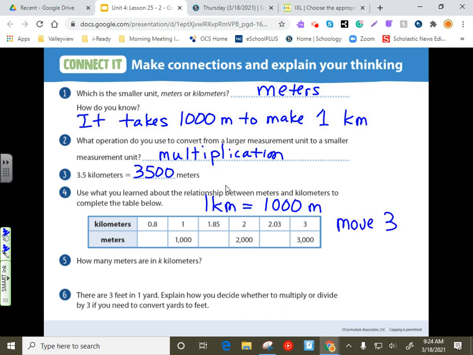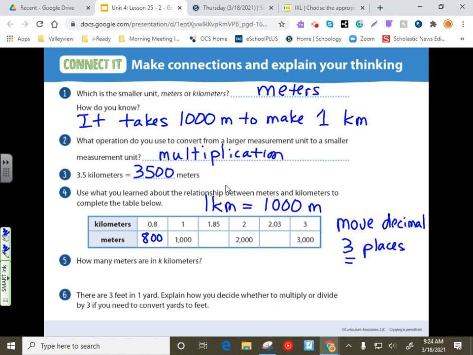Move decimal 3 places for all of these. Okay, so 0.8. If I move that 3 places, I'm going to get 800.